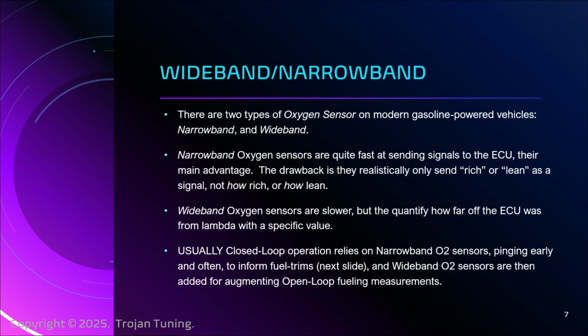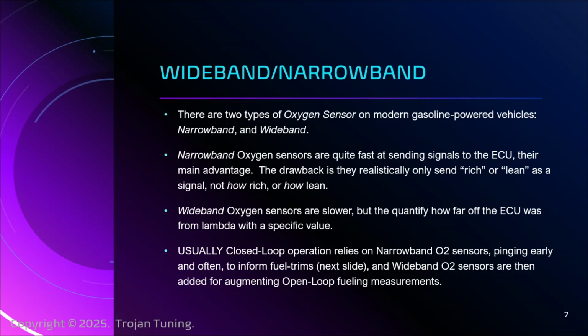I'm going to use the concept of hunting. If you have a car that's at idle and you turn it on and it constantly moves the idle RPM from 600 to 800 RPM, that's referred to as hunting. It's the ECU moving between these various states to try and find the one that is a stable engine.